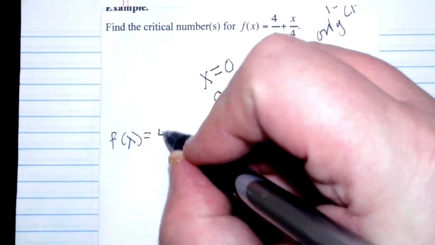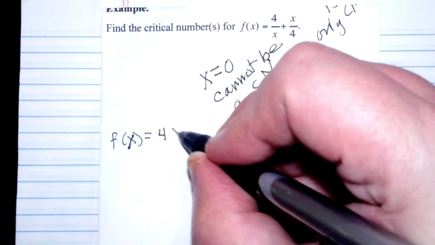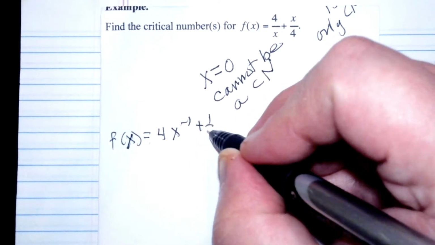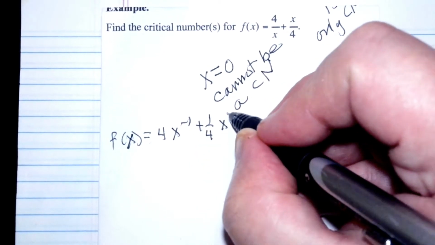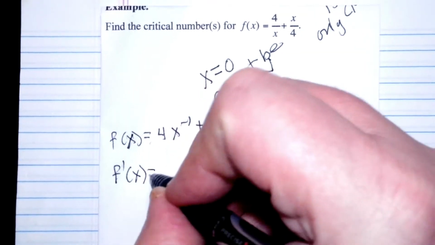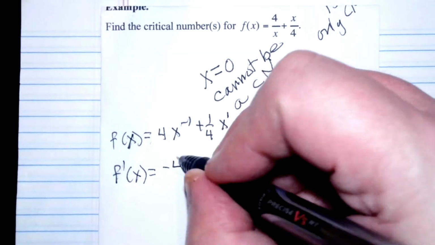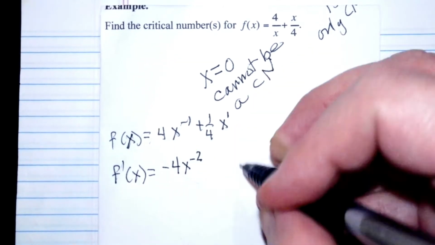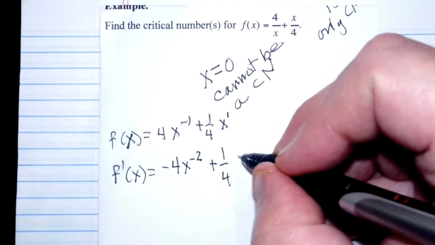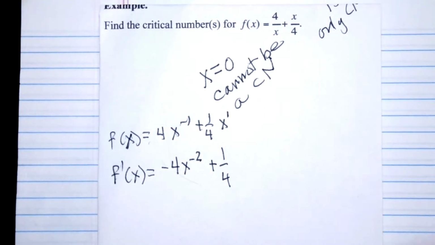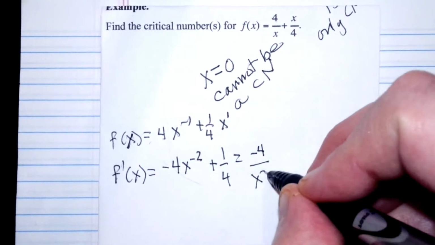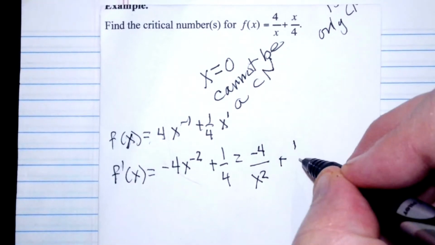f of x equals 4 x to the minus 1 plus 1/4 times x to the first. Alright, so the derivative is going to be negative 4 x to the minus 2 plus 1/4 times 1, and that's negative 4 over x squared plus 1/4.